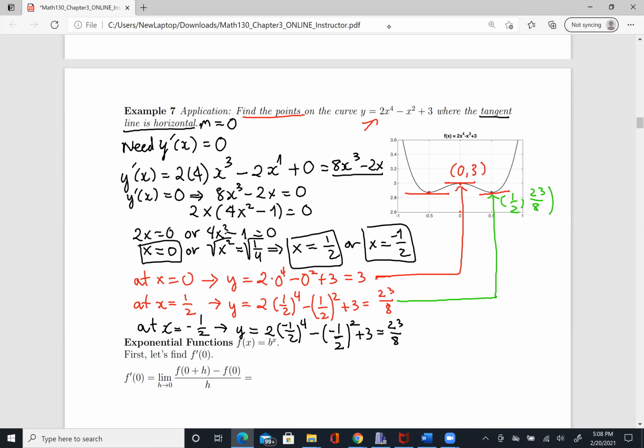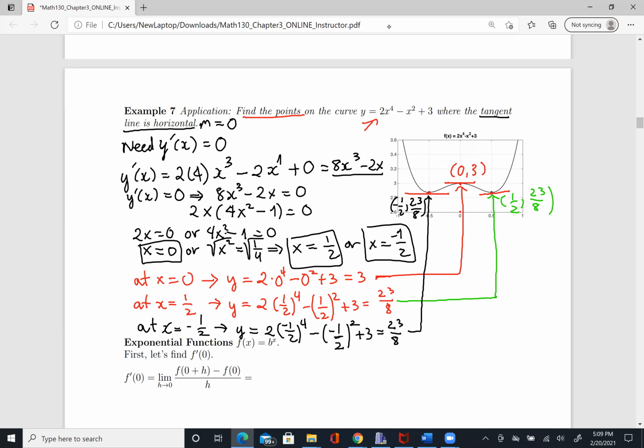So from here you can also say that this point is -1/2 comma 23 over 8. You can write it as a decimal number, but I usually write it as a fraction, or rational number, instead of a decimal because it's more accurate. So yeah, that's it.